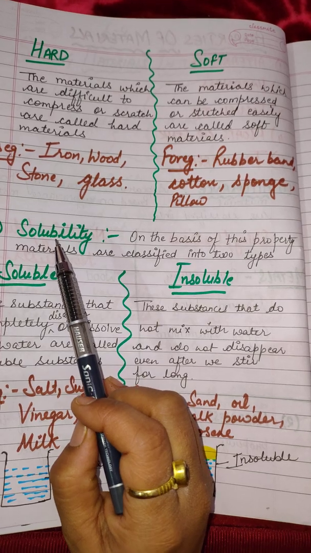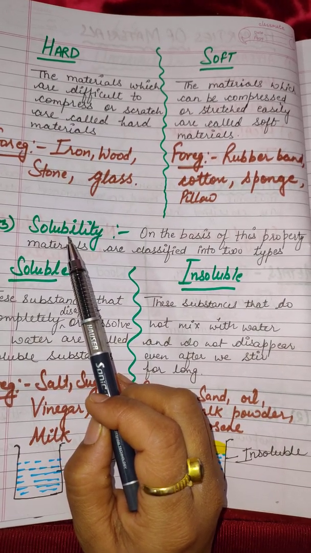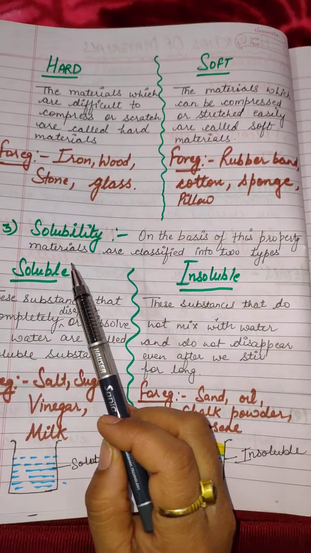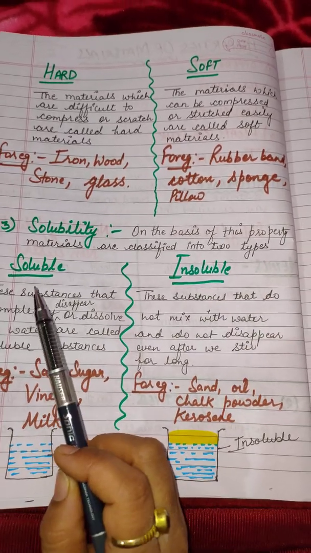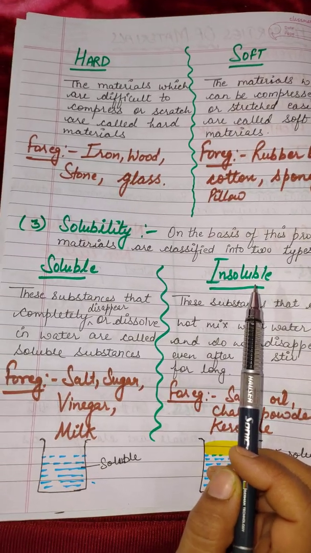Our next property is solubility of a substance in water. On the basis of this property, materials are classified into two types: soluble materials and insoluble materials.